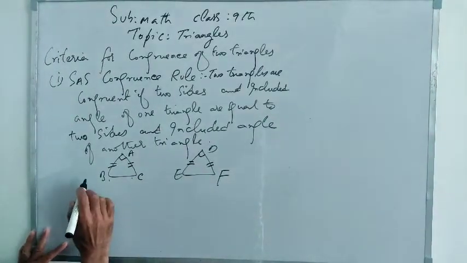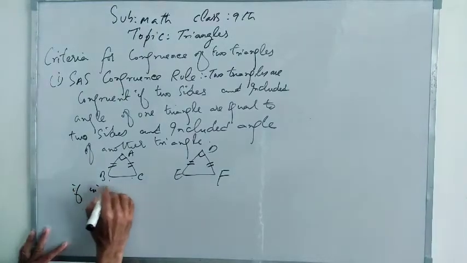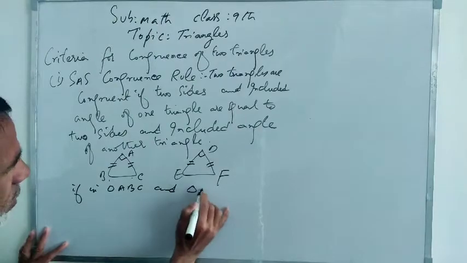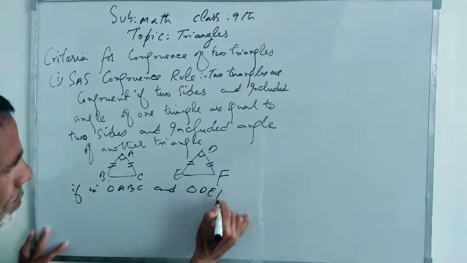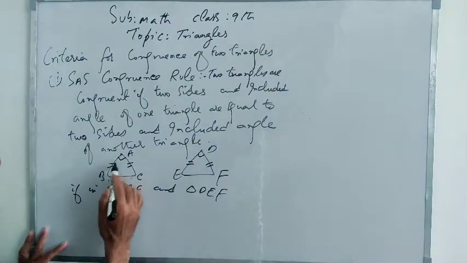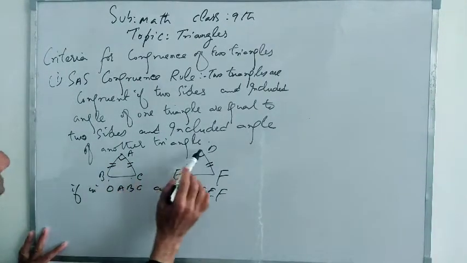In these two sides the included angle is angle A in triangle ABC and angle D in triangle DEF.